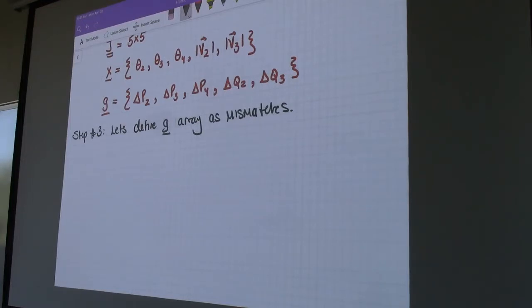So if we go back up here, we know that G is going to have 5 elements. It's going to be mismatch P2, mismatch P3, mismatch P4, mismatch Q2, and mismatch Q3. So that's what it's going to look like.